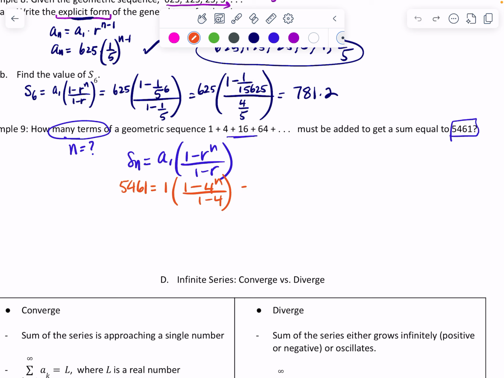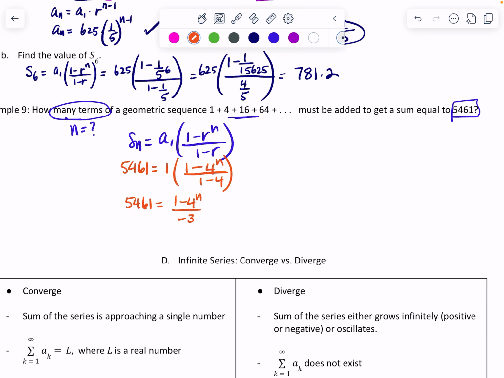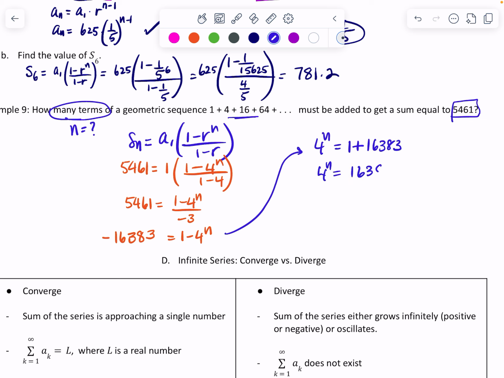That gets me, I'm going to go this way, over -3, multiply both sides by -3, which is that. Okay, continue solving it. 4 to the n equals 1 plus 16383, which is 16384.